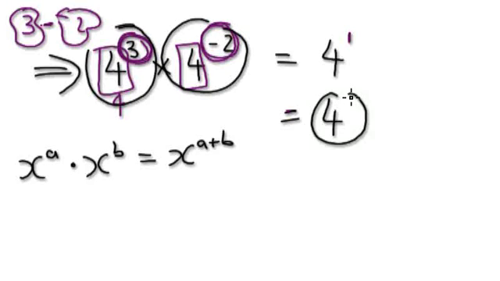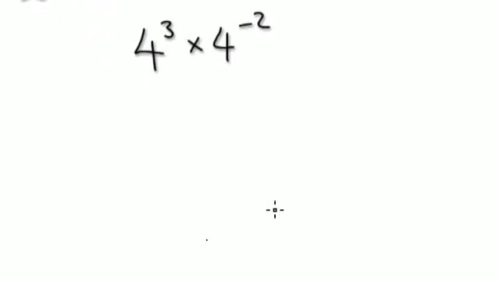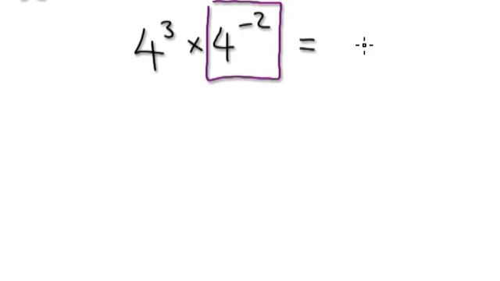So this is just 4. Okay. Another way of visualizing this thing here, let me show you another way of visualizing it. Times 4 to the minus 2. Okay, so remember in the previous video, it's hard to visualize what this means. So when you see this, you can jump to this.